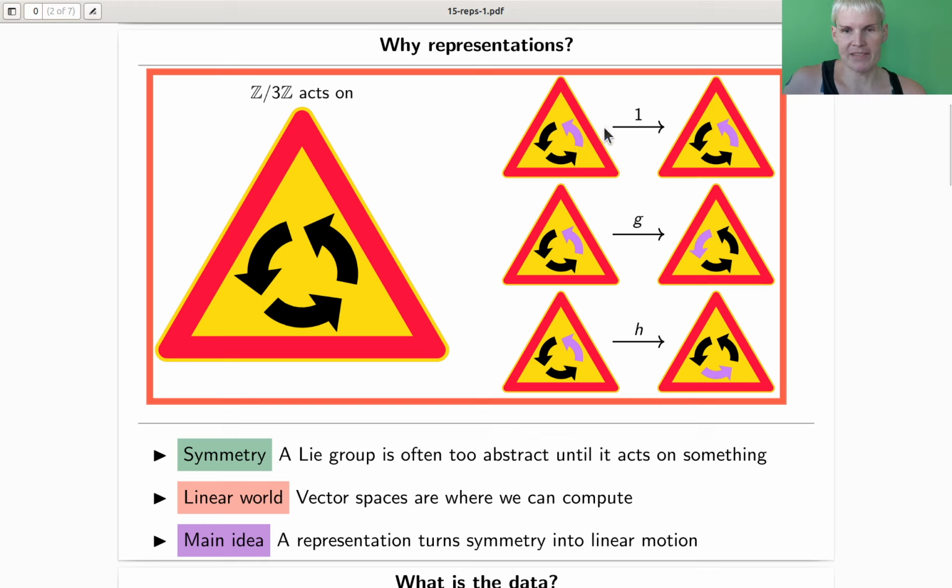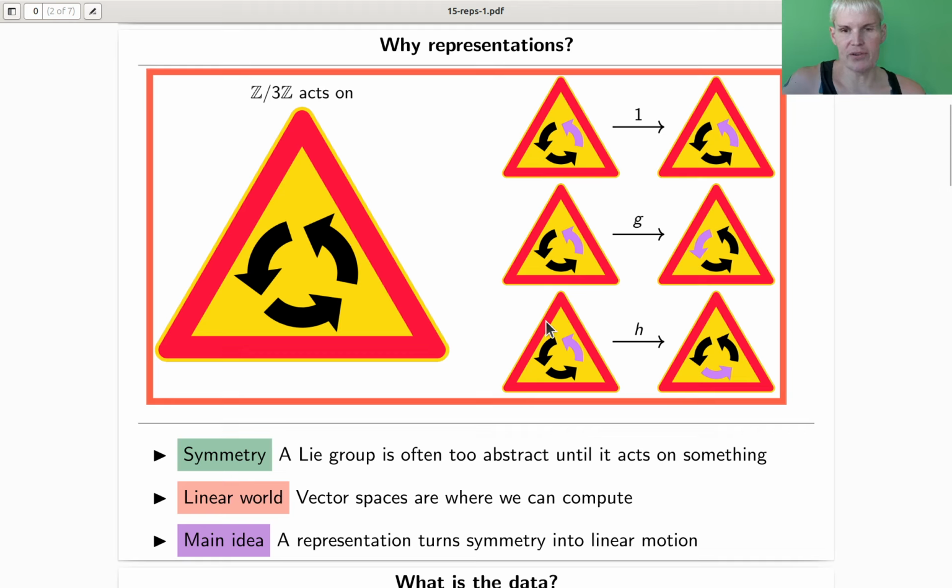It would send that guy to itself. Oh, great, so that's one. It would send that guy to that guy. So it rotates, G and then H. So this is like, if you want, 1, G, G times G is H, and so on. So these are the three elements for Z mod 3. And it acts by rotation because it's a rotation thing.